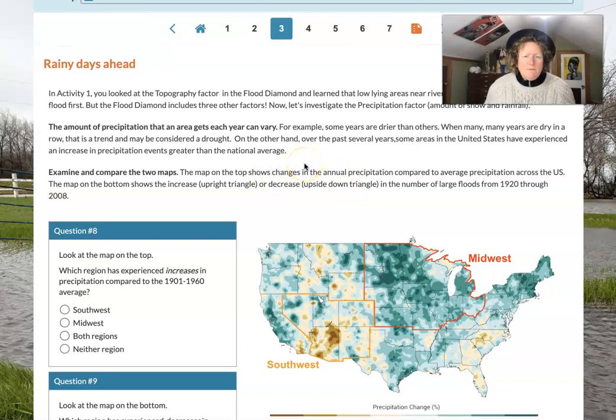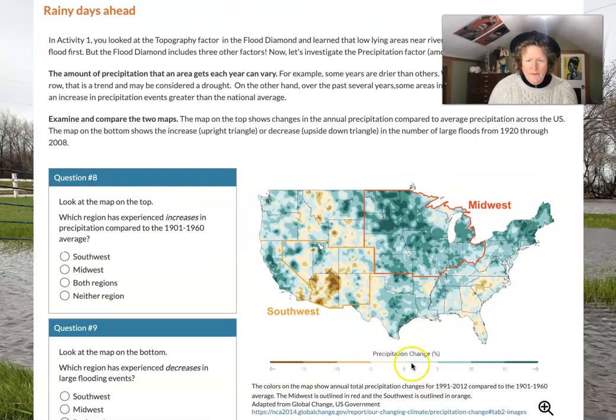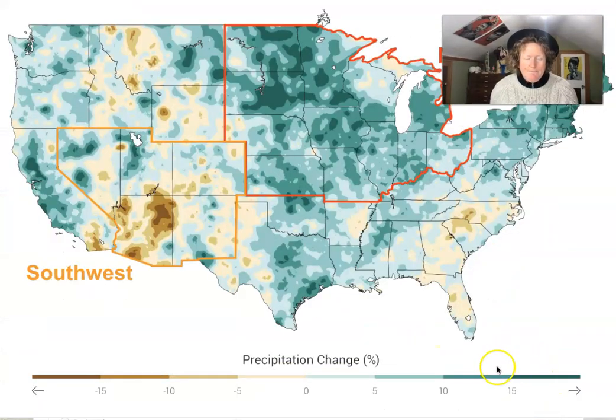On the other hand, over the past several years, some areas of the United States have experienced an increase in precipitation events greater than the national average. Here in the Midwest, we're getting more precipitation. Anything that's green is a percentage of precipitation change here. The lighter greens are less positive change.